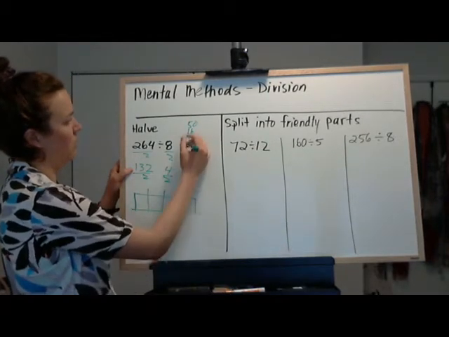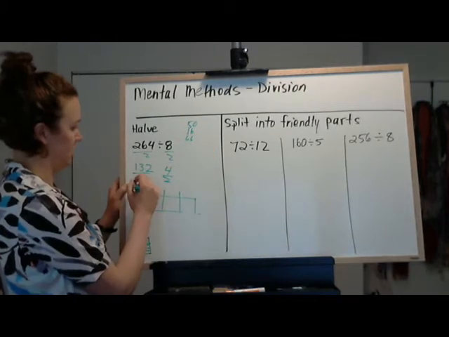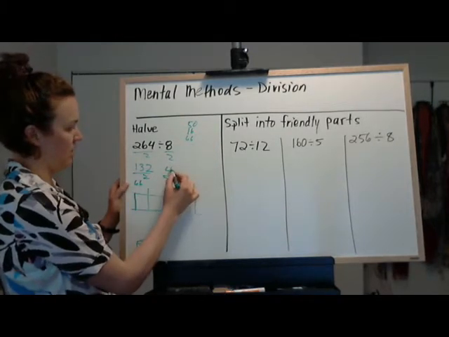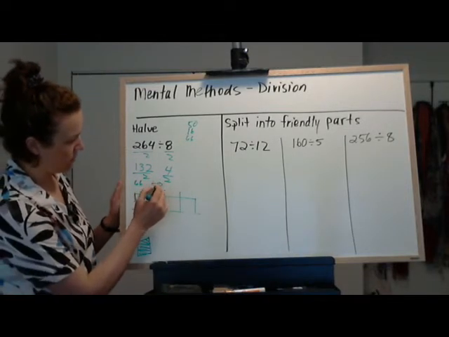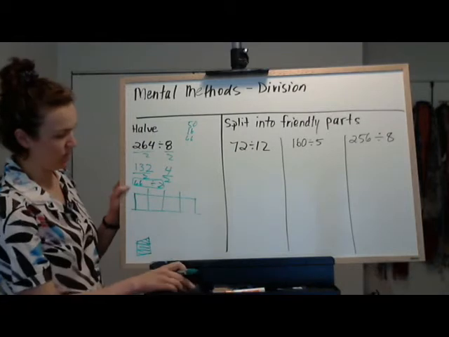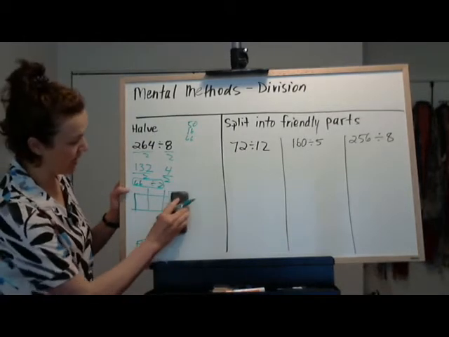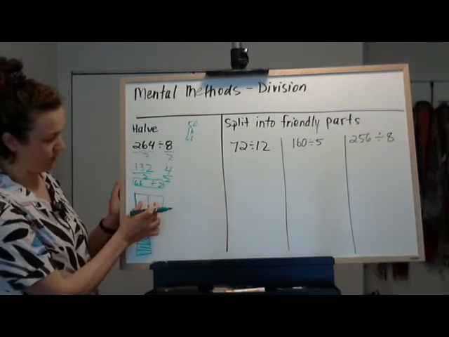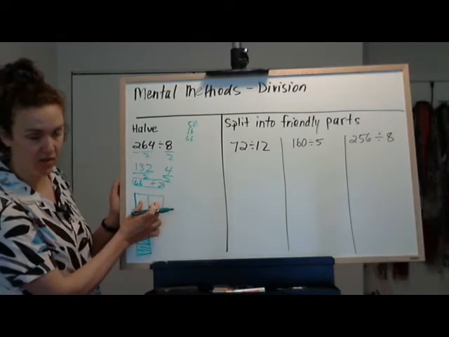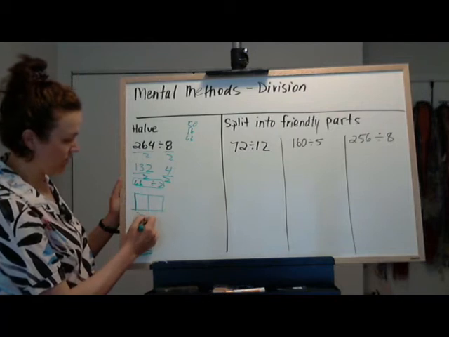So half of the whole thing is 66. And then 4 split in 2 is 2. So now we have 66 divided by 2, and I've halved this again. So now we're dealing with this. And if this is 66 split in half, I know that each piece is 33.